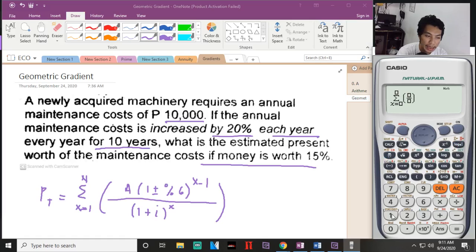Okay. So, A is 10,000 pesos. 1. Increasing ba? Yes, increased. That's the keyword. Plus 0.2, alpha x minus 1. Kasi paulit-ulit mong gagawin yun eh. Ulit-ulit ka mag-i-increase.